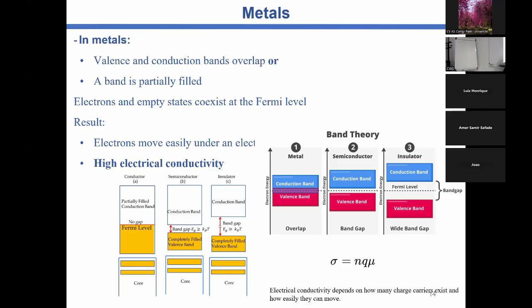So it depends on the number of carriers and how they can move freely. This is the mobility of the electron, and this is the charge of the electron.